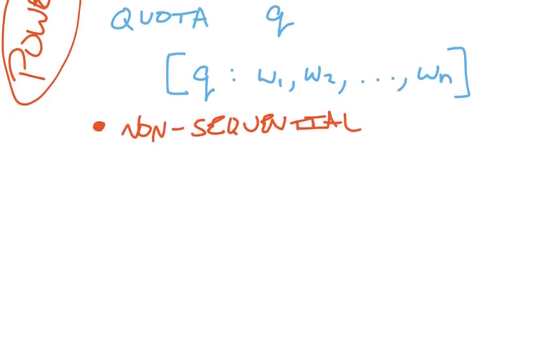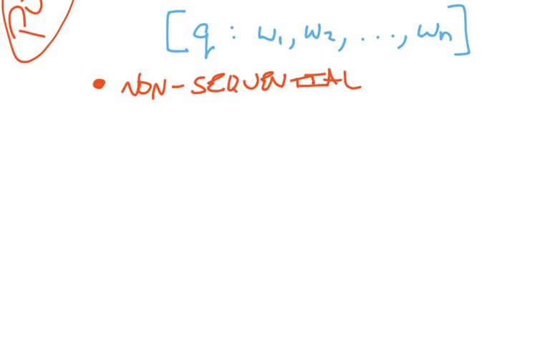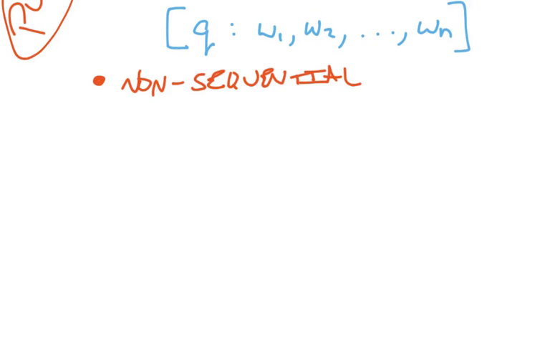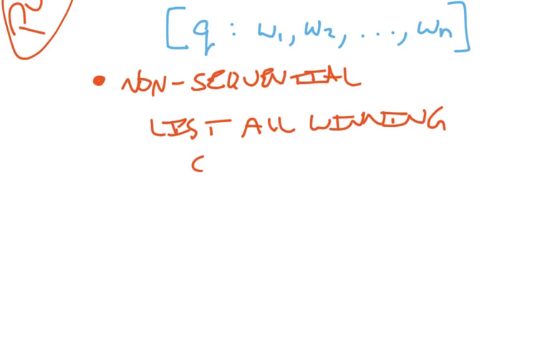All right, so in the non-sequential case, what we do is list all the winning coalitions. Right, so these are the coalitions where you combine players in any order you want, because order doesn't matter for these coalitions. You just combine the players in any order you want, add up their weights, and see if their combined weights meet the quota or not.